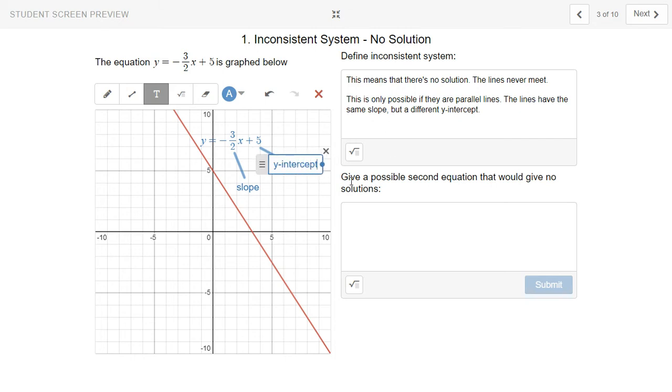Since the only way it's possible for us not to have a solution is to have the same slope and a different y-intercept, we could write any equation that has the same slope and a different y-intercept.